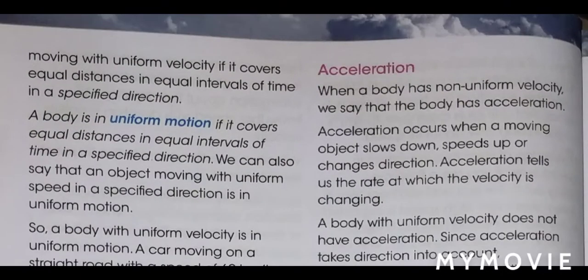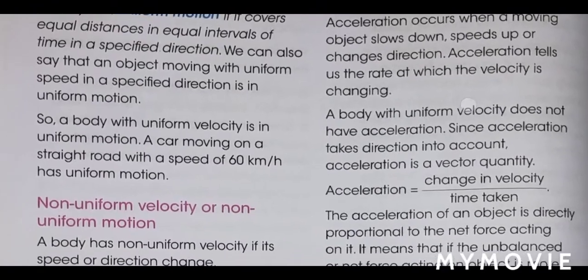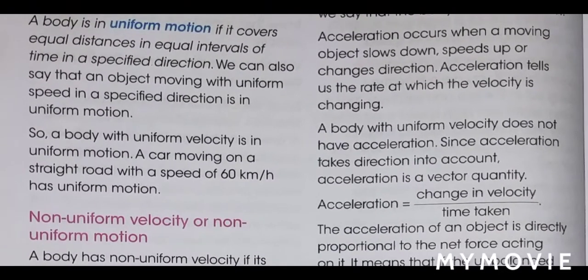We already learned what uniform velocity is. If the body covers equal distances in equal intervals of time, first hour 30 kilometer, second hour again 30 kilometer, then the change is 30 minus 30, which is 0. So a body with uniform velocity does not have acceleration.